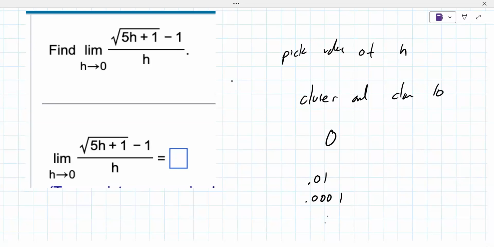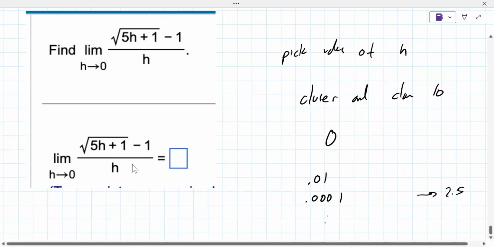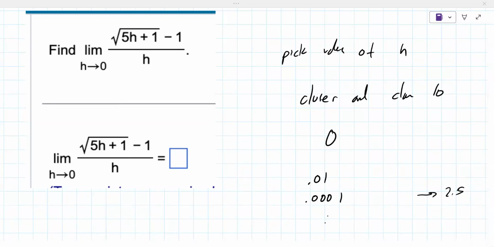And you'll eventually see that it becomes 2.5 when you put that in. So sometimes I forget that there are shortcuts, but I will try to remember if you have more questions.